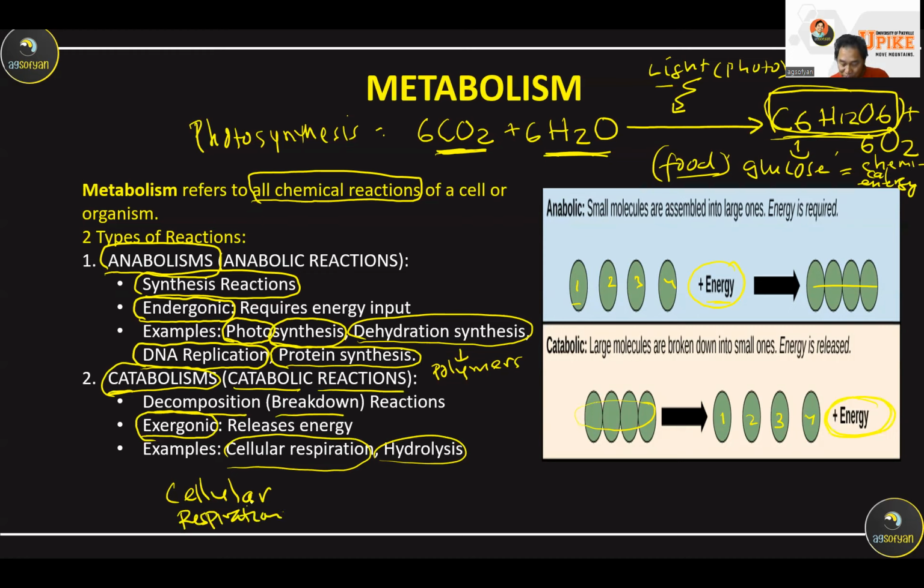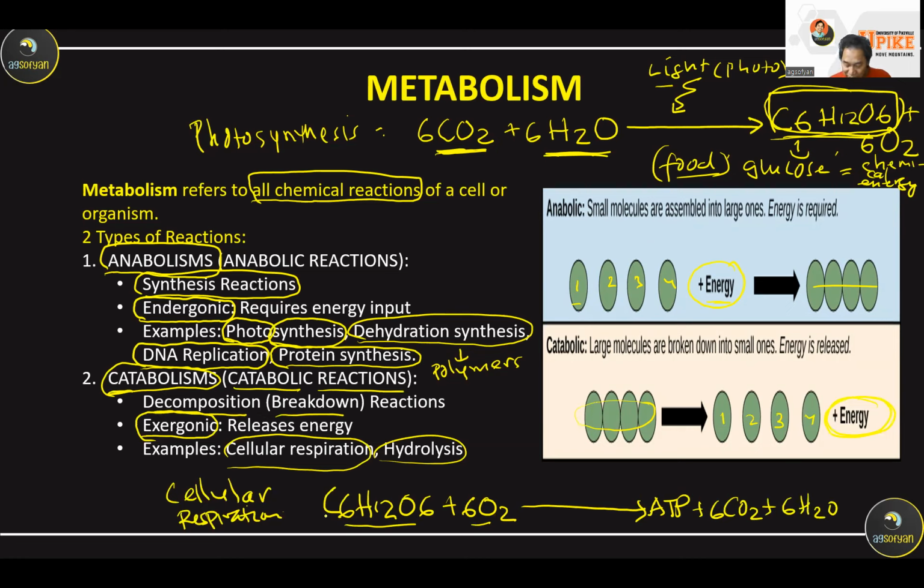It starts from a bigger molecule that has a lot of energy in it, which is glucose, C6H12O6, and then with 6 oxygens. So this is the food, and with the oxygens, it will be converted into ATP plus 6 carbon dioxide plus 6 water.